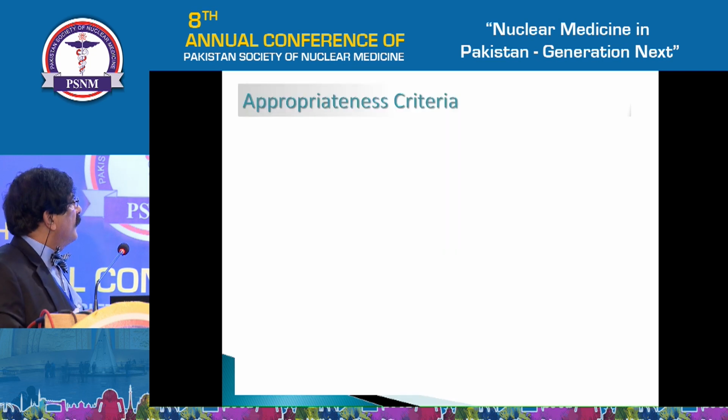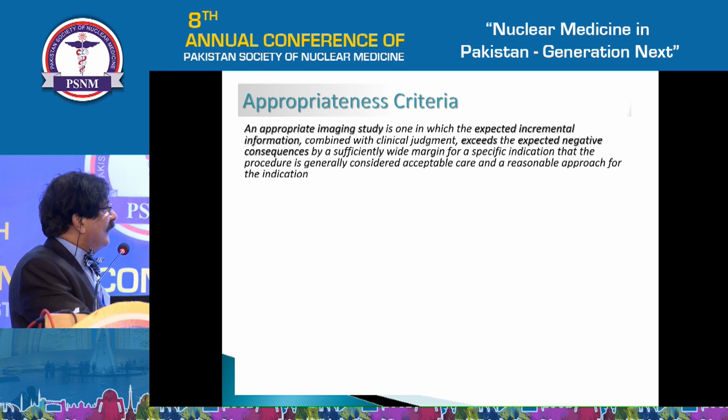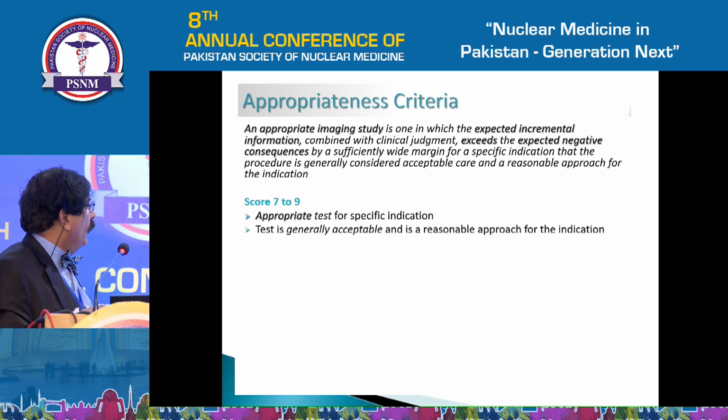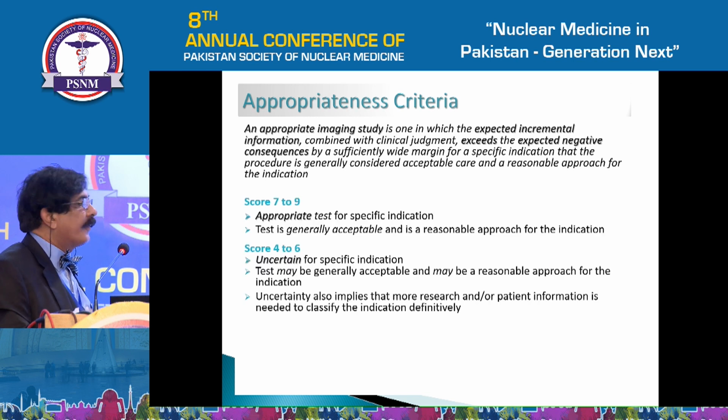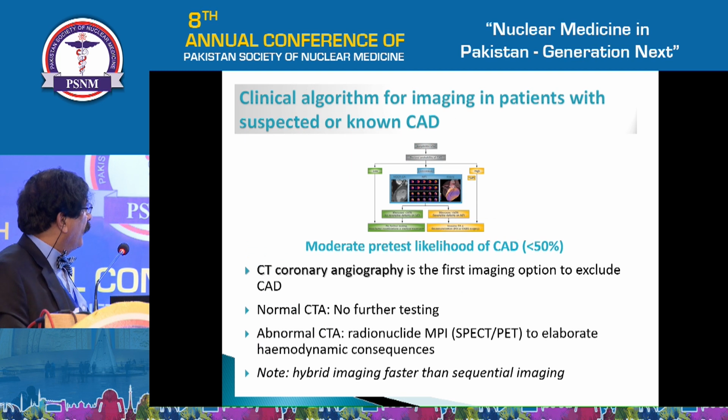Coming to the appropriateness criteria of various investigations, what is an appropriate imaging study? One where the expected incremental information exceeds the expected negative consequences of that particular imaging modality. So a score of 7 to 9 is appropriate for a specific indication, scores 4 to 6 are uncertain, and 1 to 3 are inappropriate.